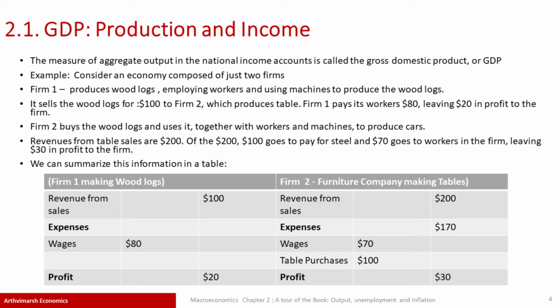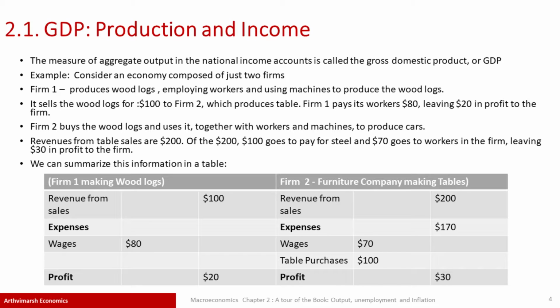Now, in the process, how could you define aggregate output in this economy? So, as the sum of all the values of goods and services produced in the economy, the sum of $100 from production of the wood logs and $200 from the production of tables, so it's going to be $300, or just the value of the tables, which is equal to $200.